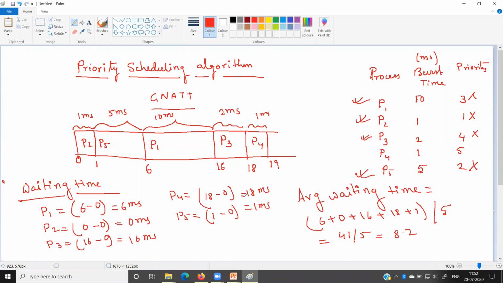In this way, you can compute the average waiting time for a set of processes using the priority scheduling algorithm.